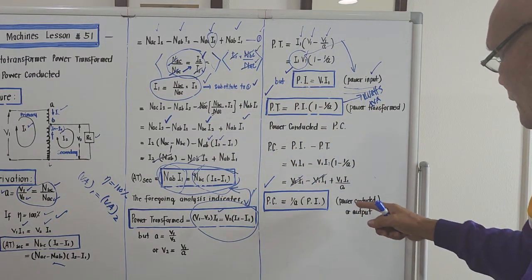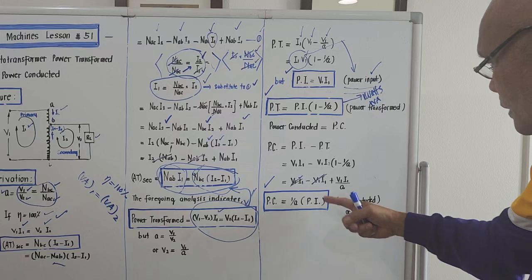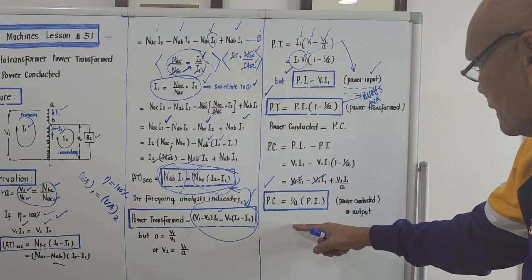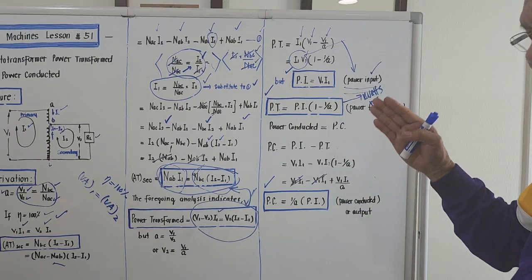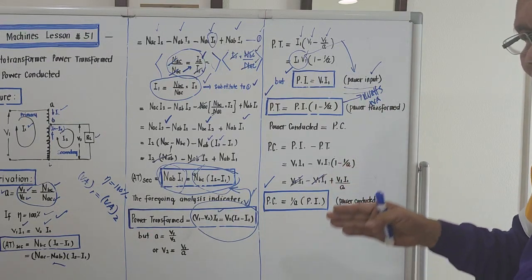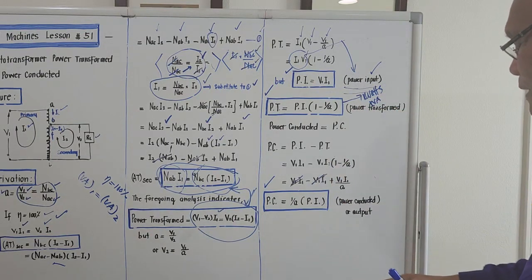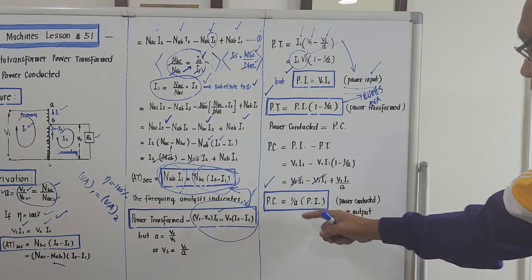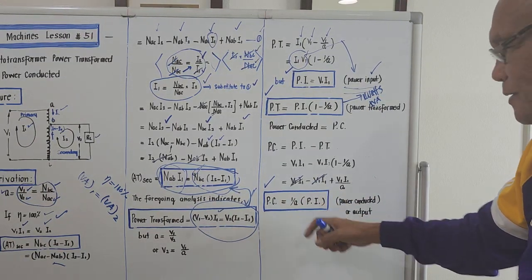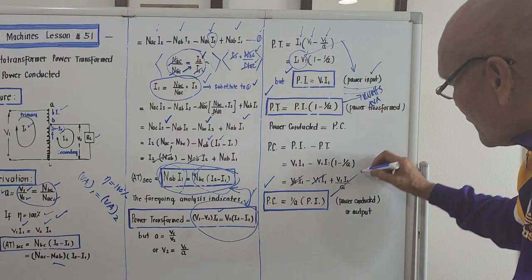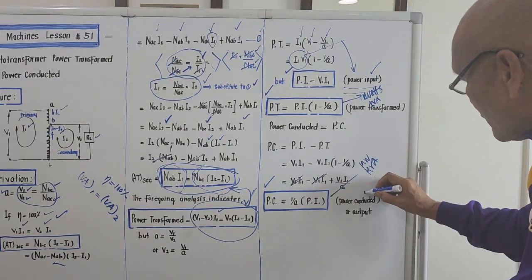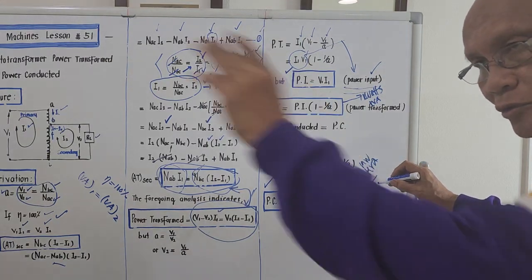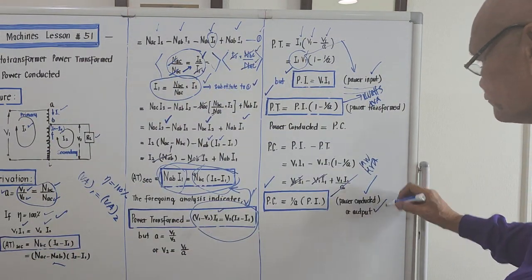It is simply 1 over A, and the product B1 I1 is power input. So the power conducted or power output of an autotransformer will be the power input divided by the ratio of transformation, in either kilowatts or kVA. Power conducted, considering an autotransformer, is same as output.